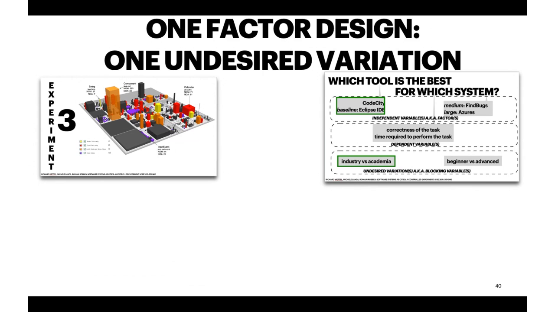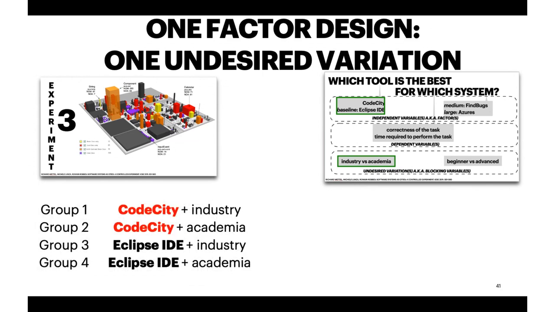So what we can do, we can create 4 groups. Each value of an independent variable will then be combined with each value of a blocking variable. So group 1 will be, for instance, CodeCity and industry, and group 3 will be Eclipse and industry.